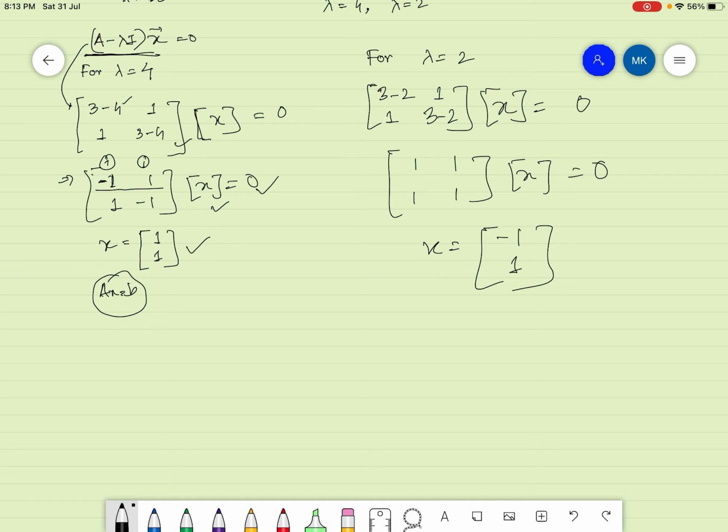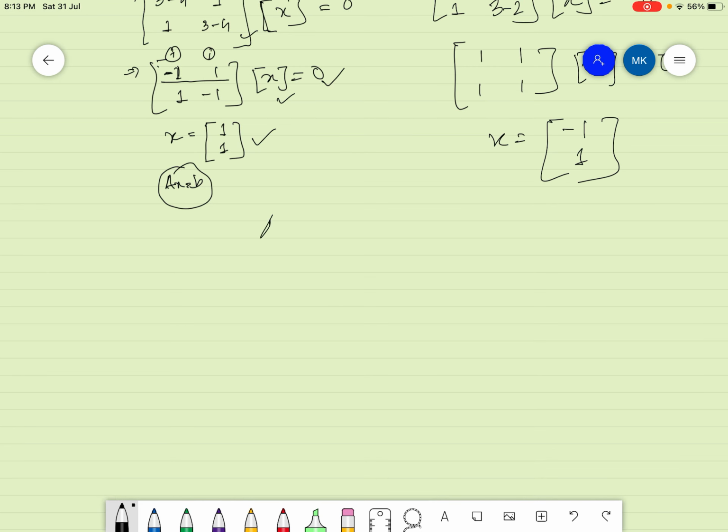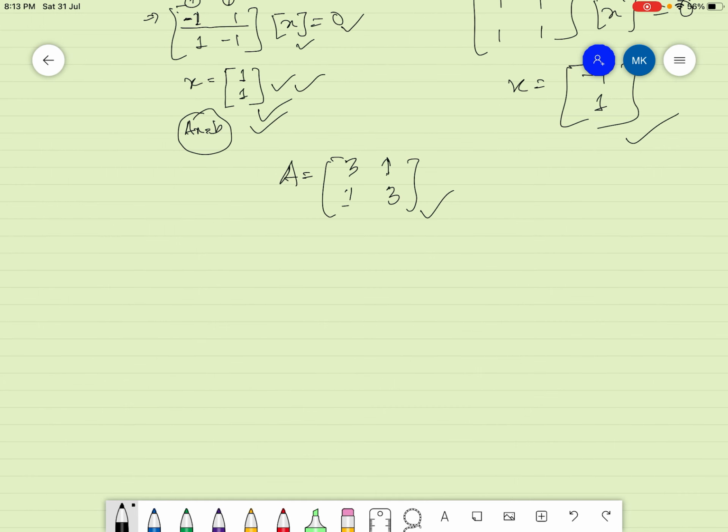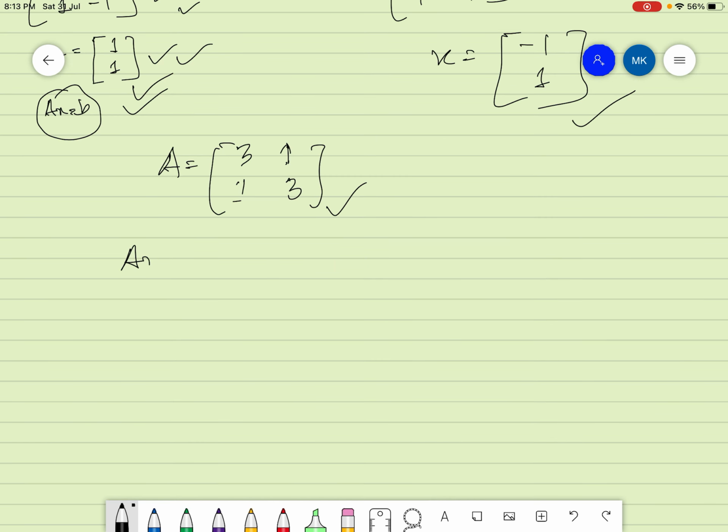If you want to check, our initial matrix was [3, 1; 1, 3], and I'm saying that these are eigenvectors [1, 1] and [-1, 1]. If you multiply this vector with this matrix, the result should be on the same span. Let's check. Ax would be [3, 1; 1, 3] times [1, 1].